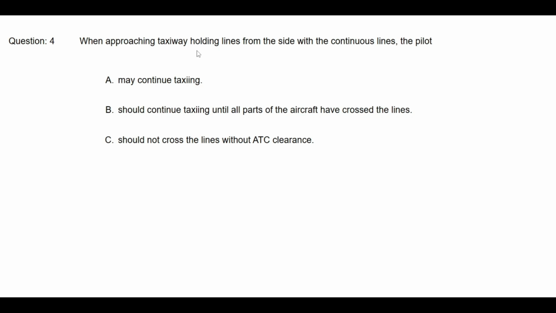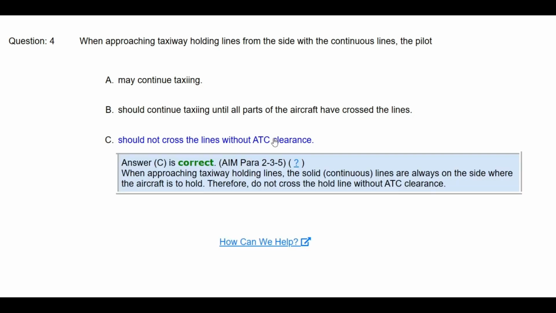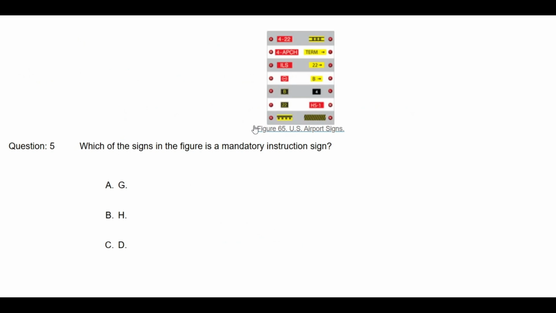When approaching taxiway holding lines from the side with continuous lines, the pilot should not cross without ATC clearance. That's very obvious.